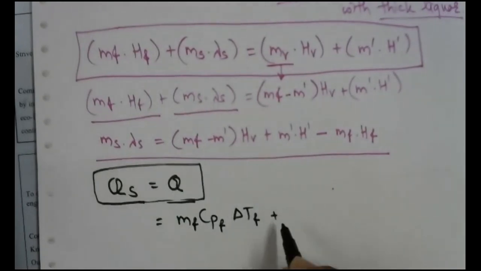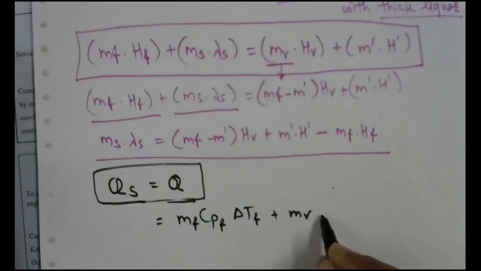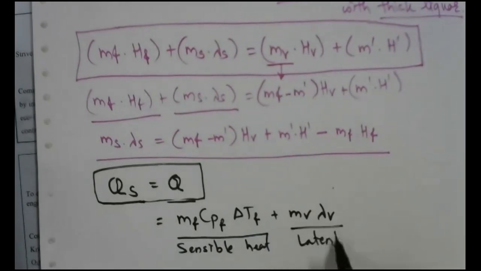And when we are using the phase change, that is latent heat, then it is related to the vapors, that is mV lambda V. So it is latent heat of vaporization or latent heat of evaporation. So it is for sensible heat calculation, and it is for latent heat.